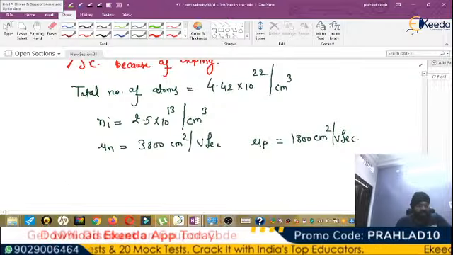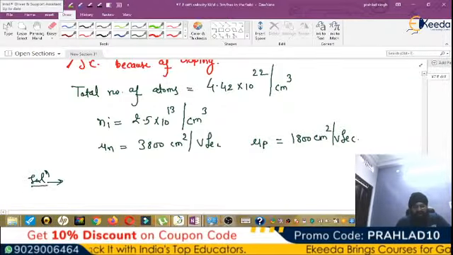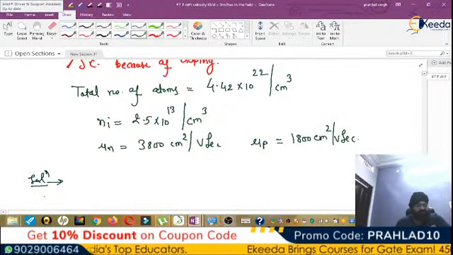So the electron concentration is approximately equal to Nd, because it is an n-type semiconductor.